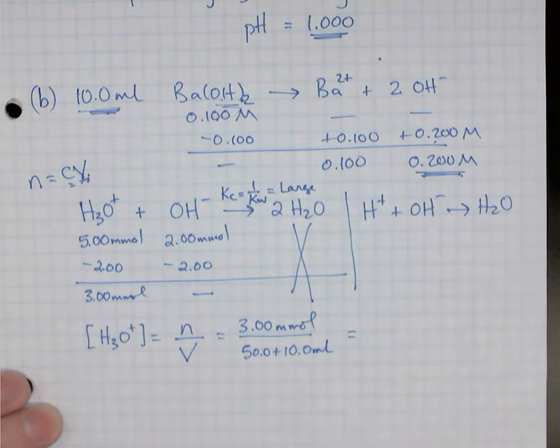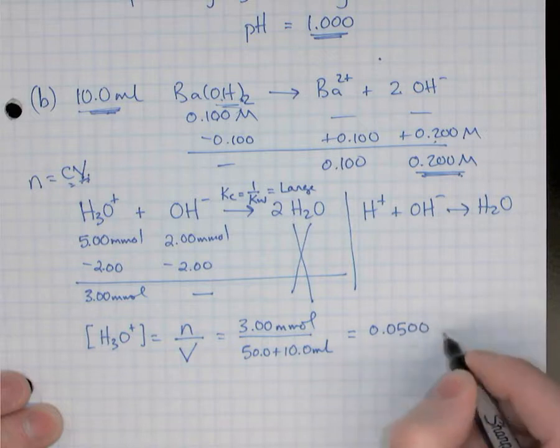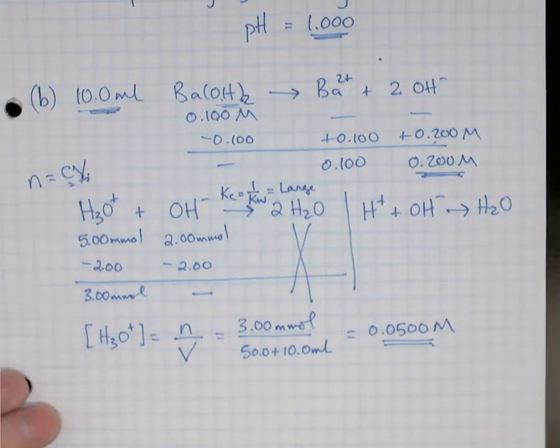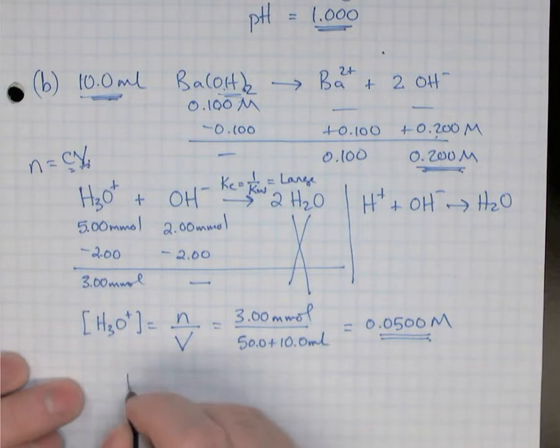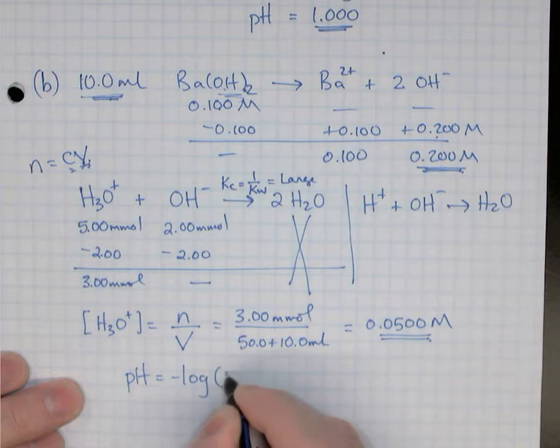So 3 divided by 60 is going to be 0.0500 molarity. So there's the concentration of hydronium, and now your pH is the negative log of that.